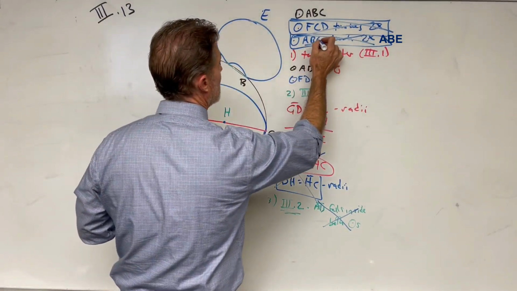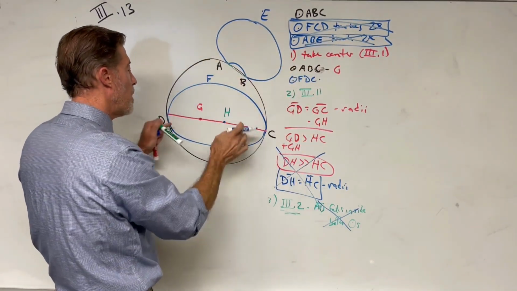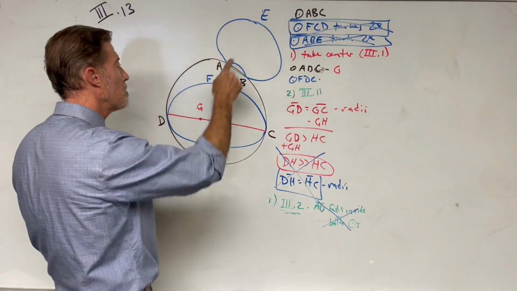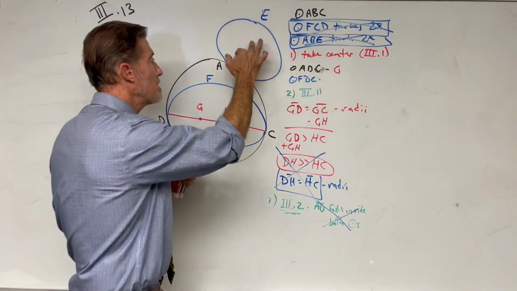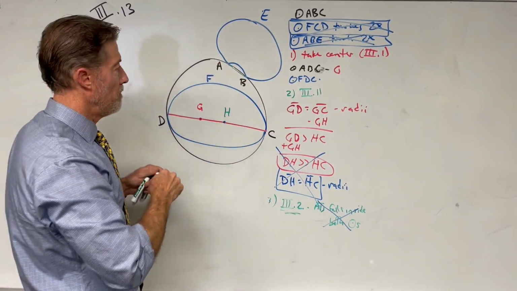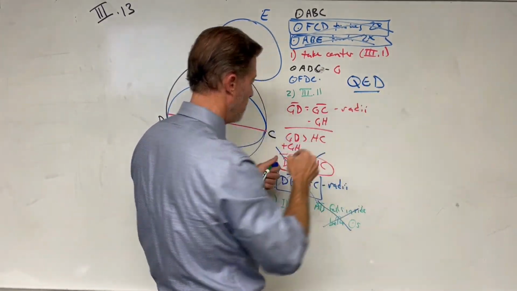This was ABC, this was ABE. So the blue circle can't touch twice internally, and it can't touch twice externally. Therefore, if two circles touch one another, whether internally or externally, they do not do so in more than one point. And since that's what we were given to prove, we can now conclude, QED.